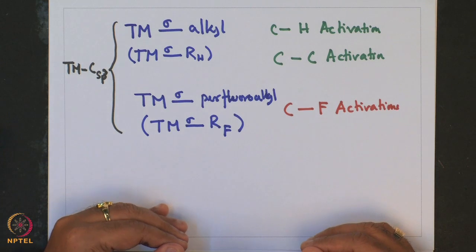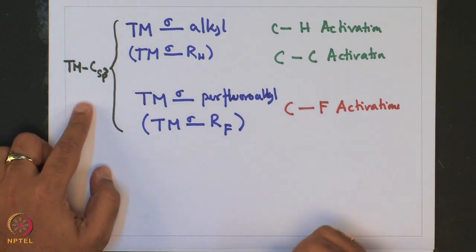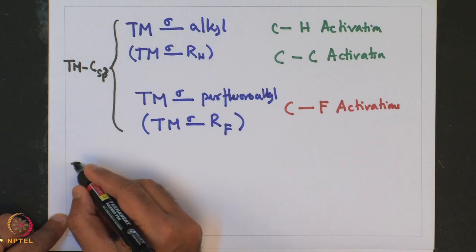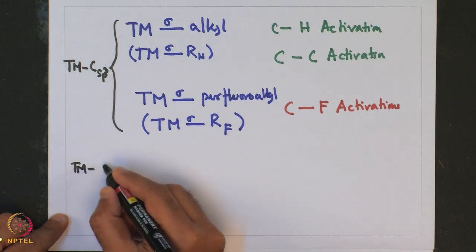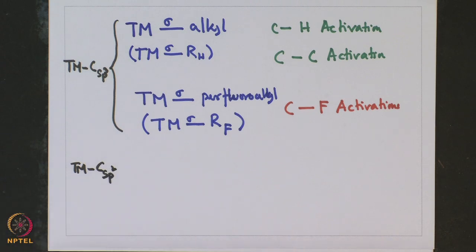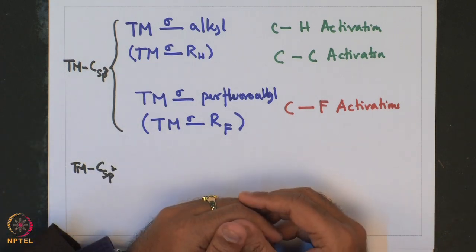Now, we are going to go beyond these sp3 type complexes and look into some examples of transition metal C sp2 types in the course of the next lectures. And to begin with, we will look at some of these ligands.